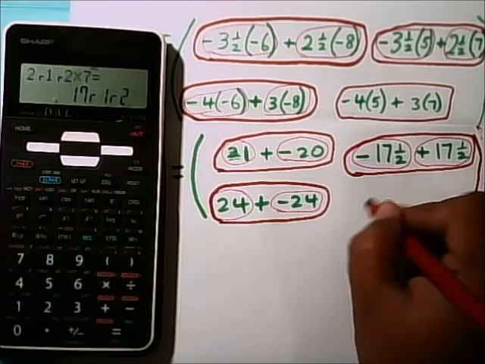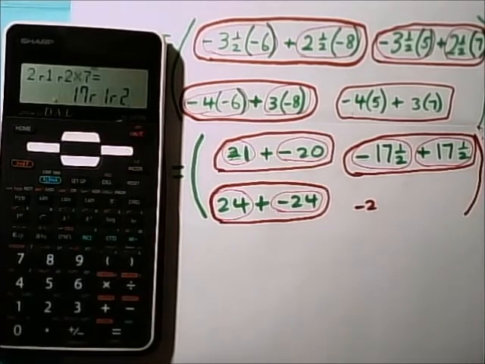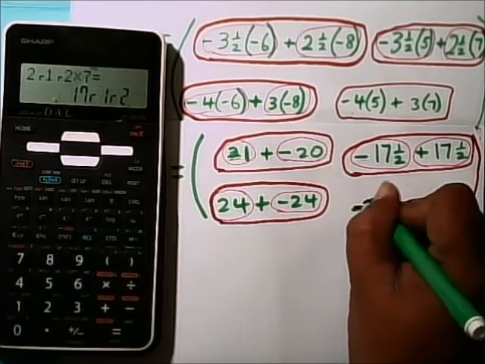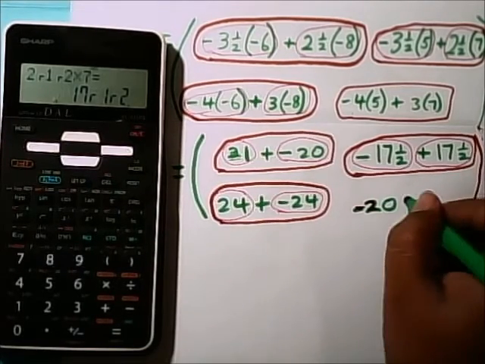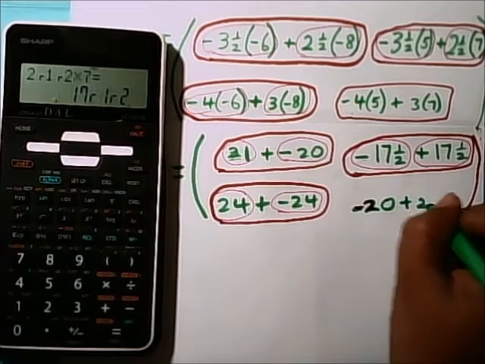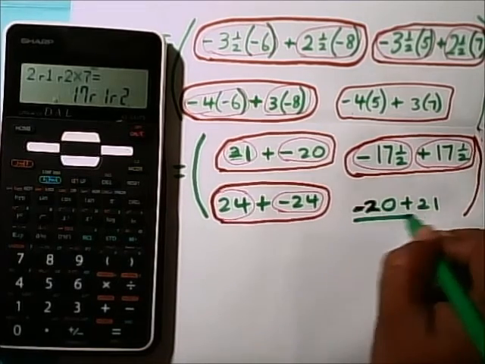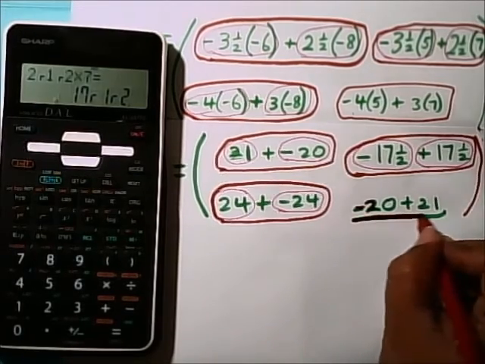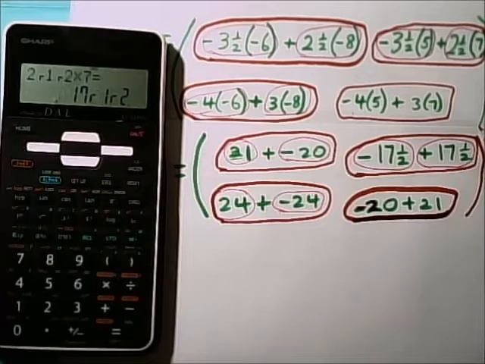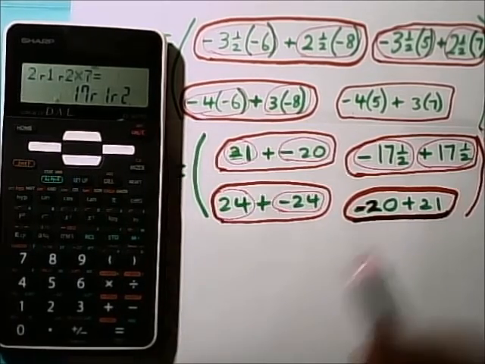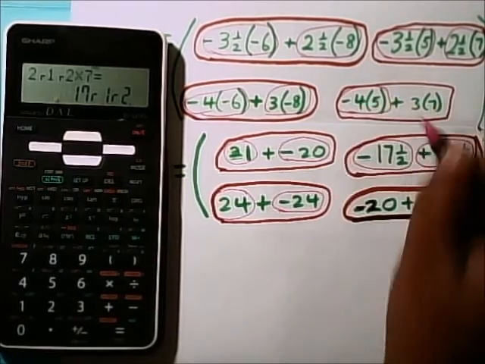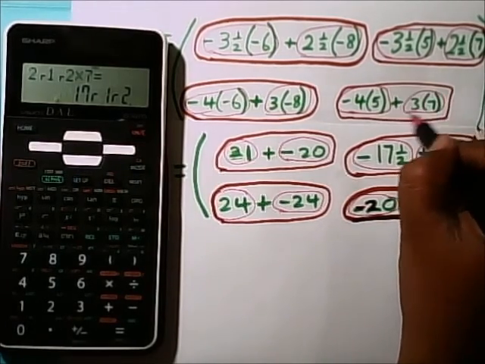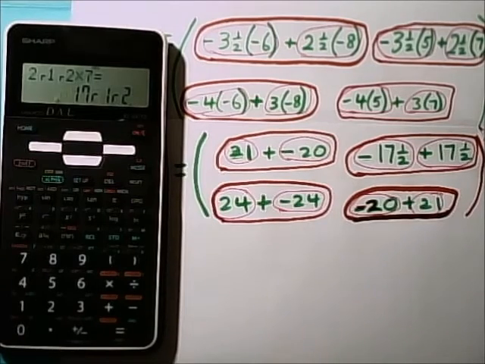Minus 4 times 5 is a minus 20, and 3 times 7 gives you 21. A minus 20 plus a 21.